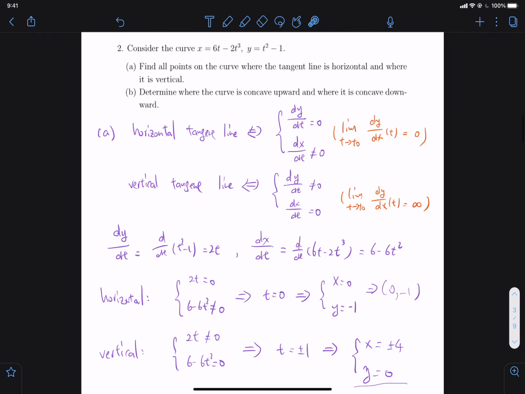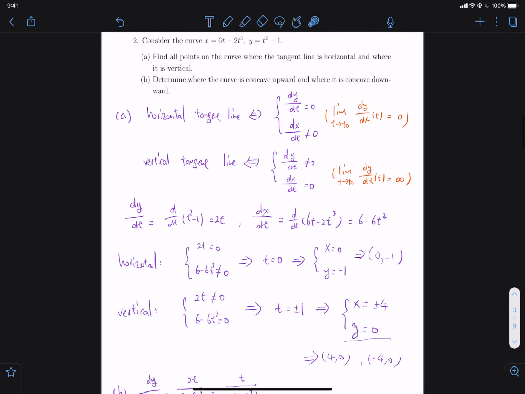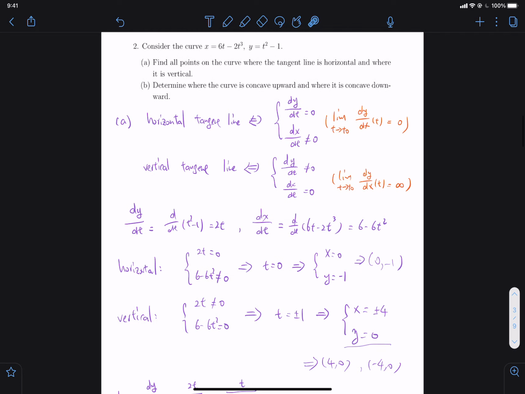And so we have 2 points, 4, 0 and -4, 0, and at these 2 points we're going to have vertical tangent lines. So that is question A, how to find all points where the tangent line is horizontal or vertical.